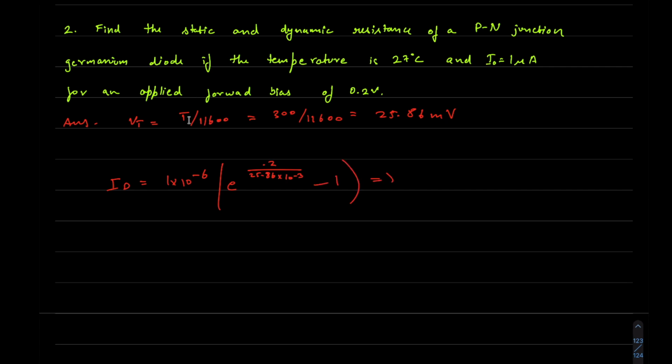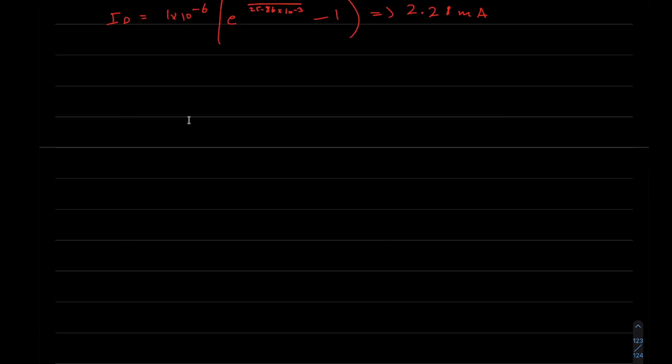And when you compute this, we'll get 2.28 milliampere. Now for static resistance, it is equal to V over I. We have been given V, we have I, 2.28 milliampere. This will come out to be 0.087 kilo ohm. Or if you don't convert to kilo ohm, it'll come out to be 87.7 ohm on your calculators.